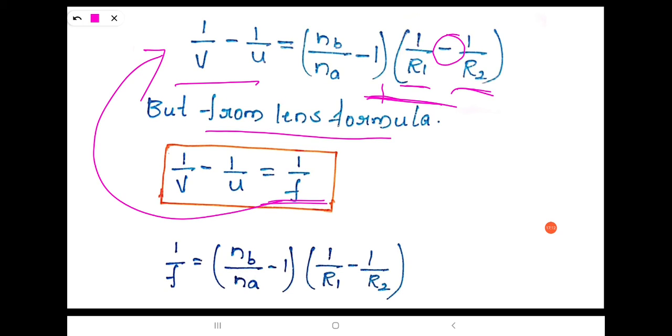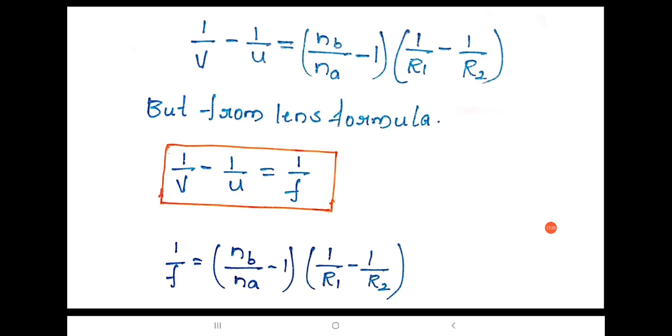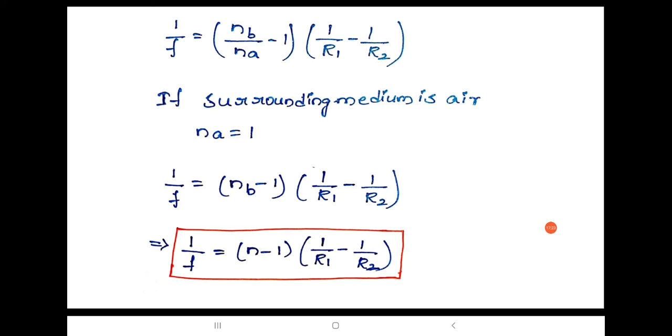We'll get 1/F equals (NB/NA minus 1) times (1/R1 minus 1/R2). Here NB is the refractive index of the material of the lens, and NA is the refractive index of the surrounding medium. If the surrounding medium is air, we know the refractive index of air equals 1, so we can take NA equals 1.